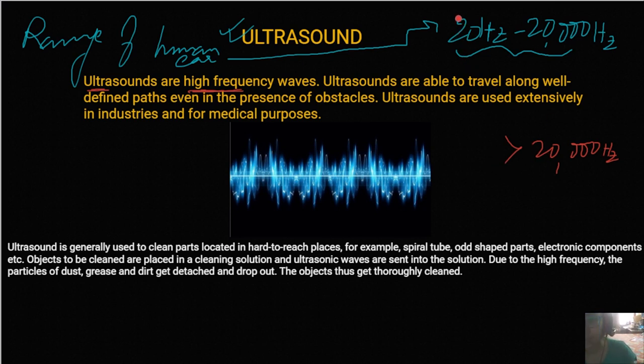And if it was less than 20 hertz, sorry, my mistake, then also we wouldn't be able to hear it. So less than 20 hertz is basically called infrasonic. And this is ultrasonic.